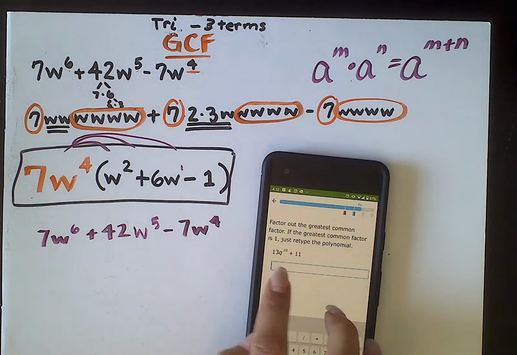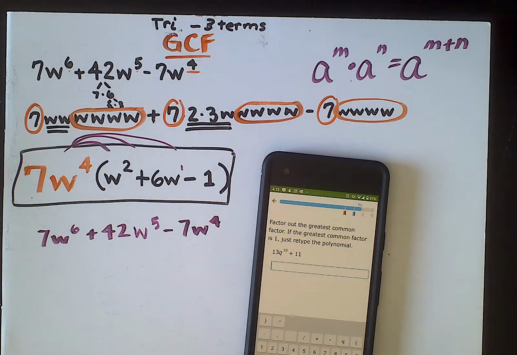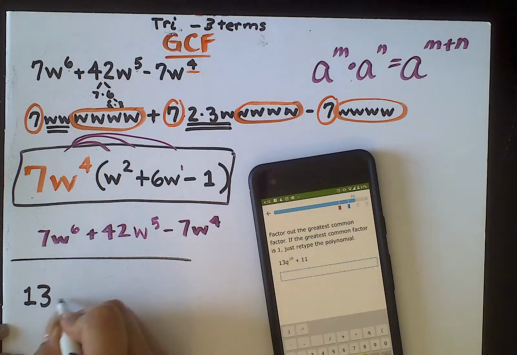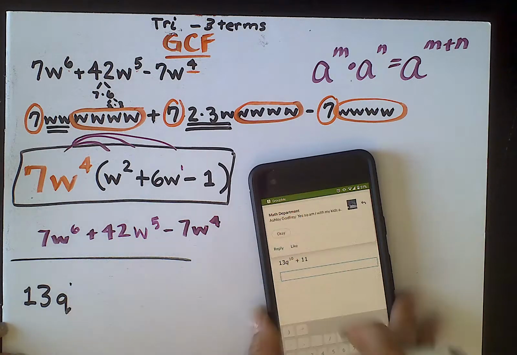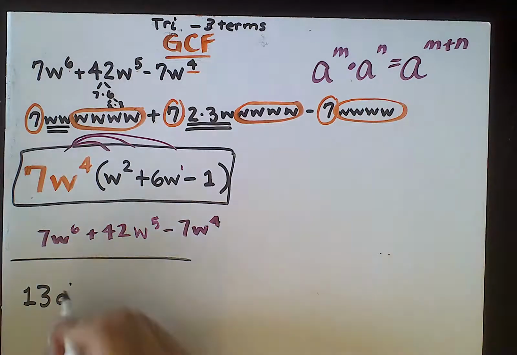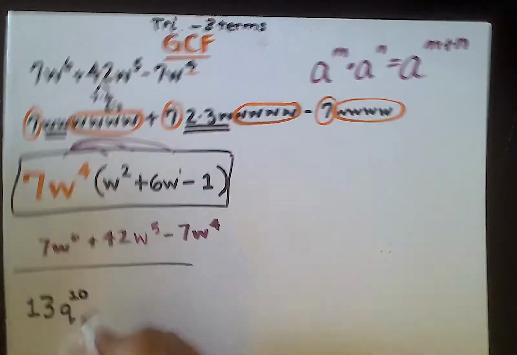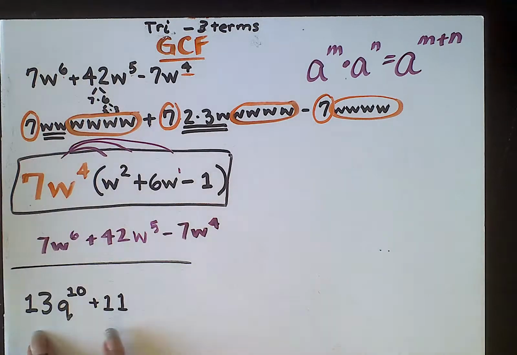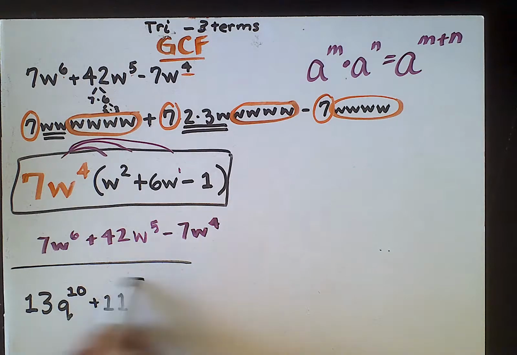Now, taking a look at this one, I'm just going to write the answer on it because I already know it gave me 13q to the 10th power plus 11. I know that 13 and 11 are both prime, and this one doesn't have a q in it.